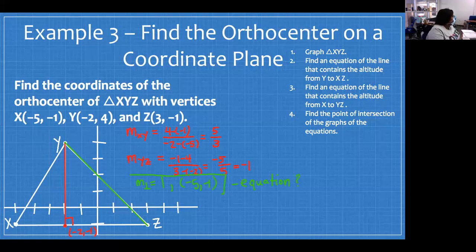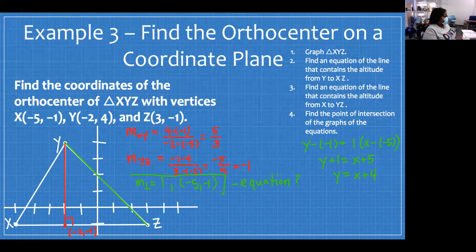So I'm just going to put it into my point slope form. y minus -1 is equal to m, which we know is 1, times x minus x1. So that's going to be y plus 1 is equal to x plus 5. So then y is equal to x plus 4.